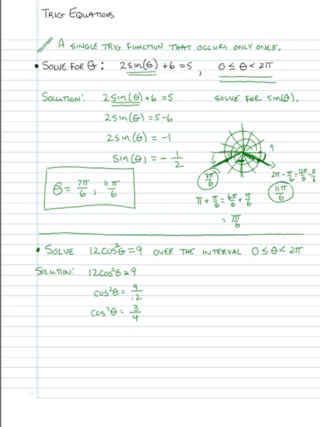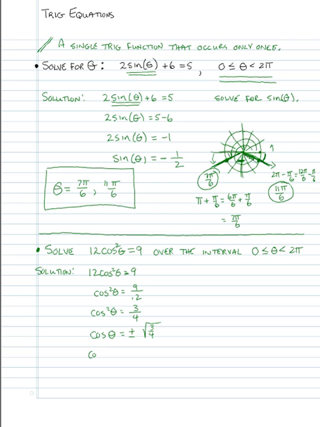Now, if cosine squared theta is equal to 3/4, anytime we have something squared equal to a number, then what we're squaring could either be positive or negative. So that's the reason we say plus or minus. And it would be plus or minus the square root of the number that cosine squared is equal to. So here's what we've got.